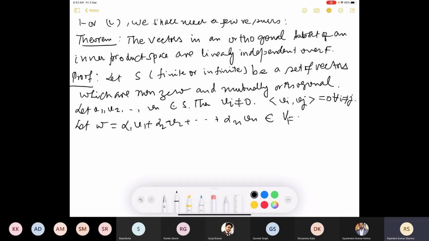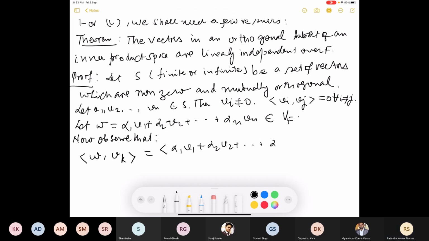And observe that if you take the inner product of W with Vk, that means the inner product of alpha 1 V1 plus alpha 2 V2 plus up to alpha n Vn with Vk, where k is of course 1 to n.